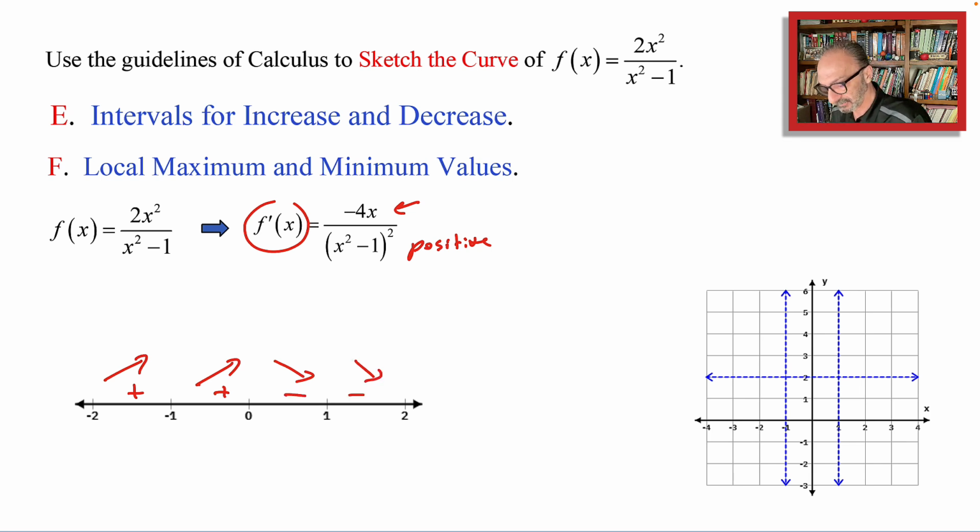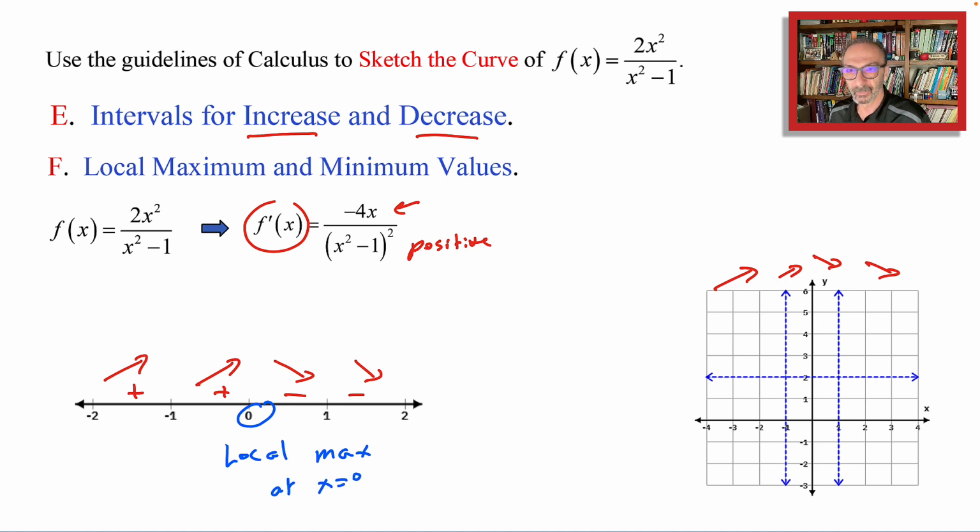So we do have increasing on the left of 0. Of course, negative 1 is not part of the domain, and decreasing to the right of 0. So the graph will be increasing right here, and the graph will be decreasing right here. At 0, we mentioned that we do have a local max at x equals 0.